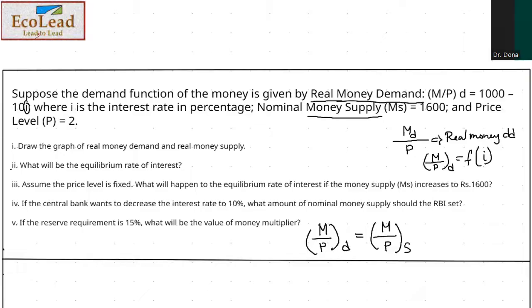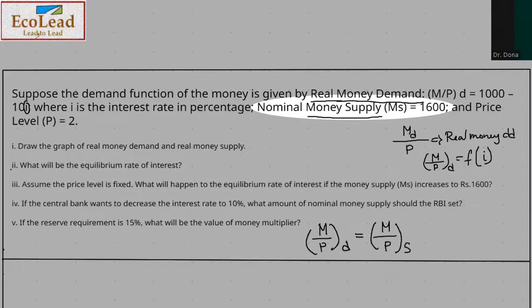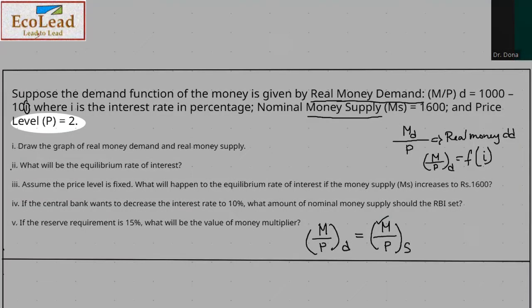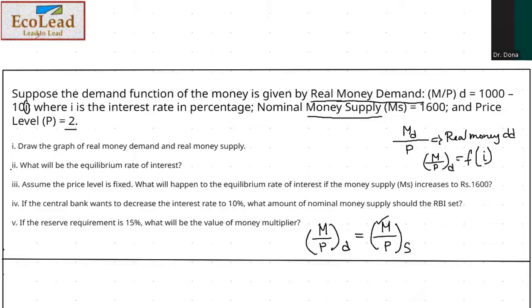Here in the question we have the nominal money supply, which is 1600, and the price level P is equal to 2, and M here is equal to 1600.